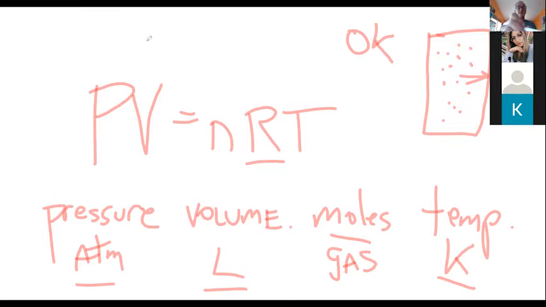So today, we are going to be looking at the relationship between moles and volume.